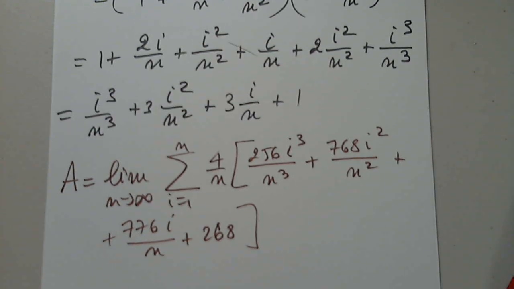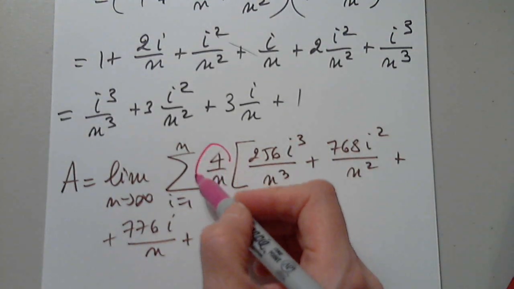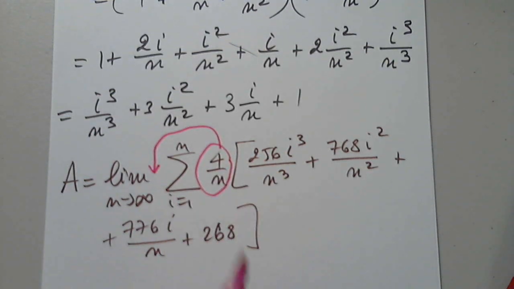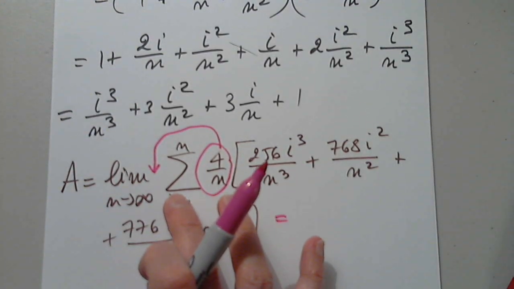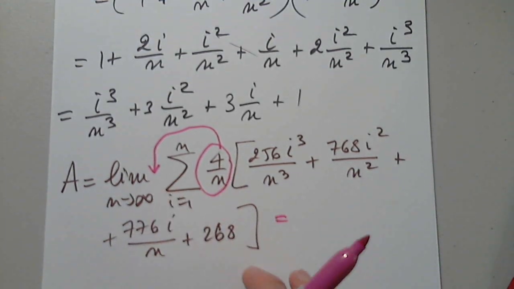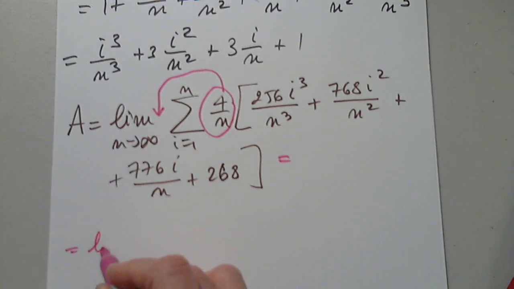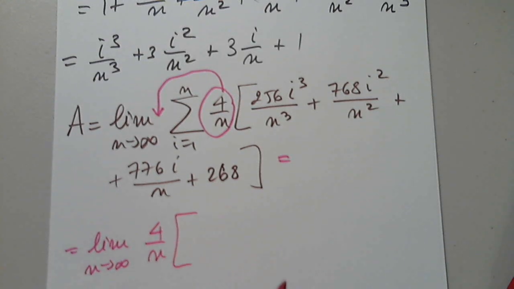Okay, now remember the properties. Remember the properties of the summation or sigma notation. This depends on i. This one does not. So I'm going to move it outside because it's a constant. Then I'm going to apply the summation notation to the first term, and then to the second term, and to the third and the fourth. So limit as n approaches infinity from 4 over n.